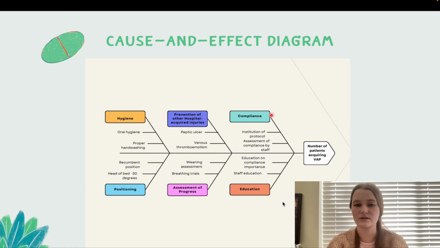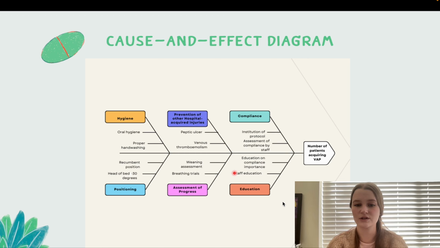And then for institutions, compliance is most important in implementing any change, because compliance is what makes it happen. So instituting a protocol is obviously important, but making sure that staff are compliant to prevention measures helps reduce VAP the most.